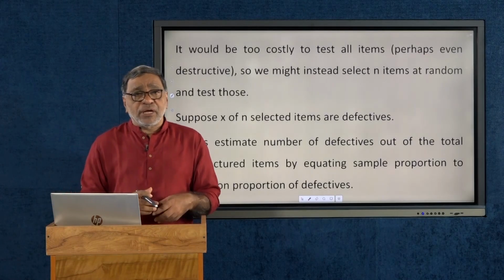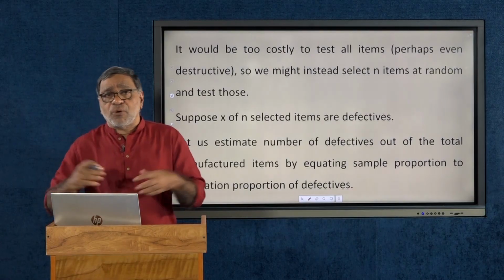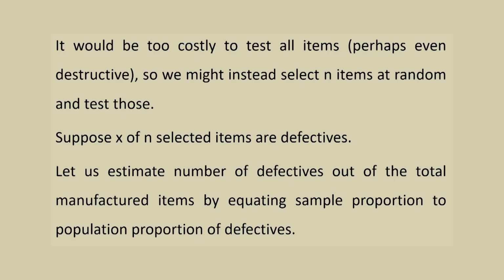So why is it not possible to identify all the items? It would be too costly to test all the items, or perhaps even destructive. So we might instead select some items from the production unit, and from those items identify how many are defective. On the basis of that number, we approximate the total number of defectives.